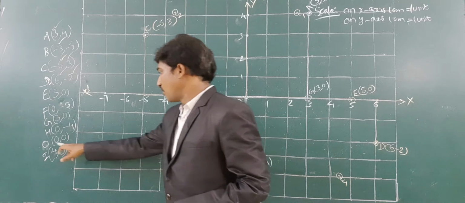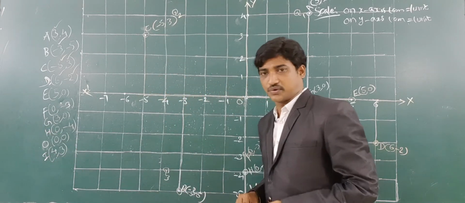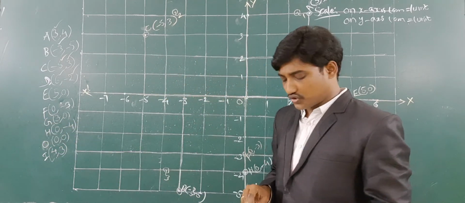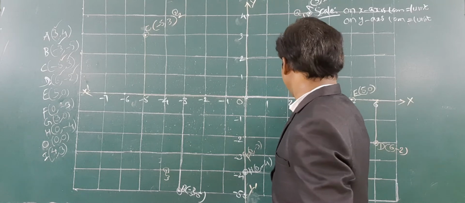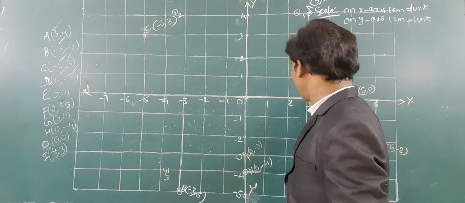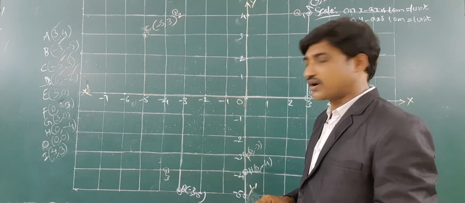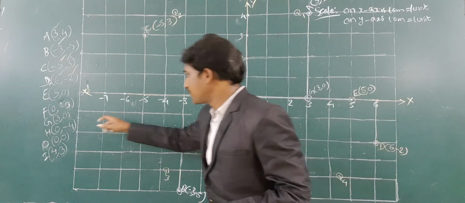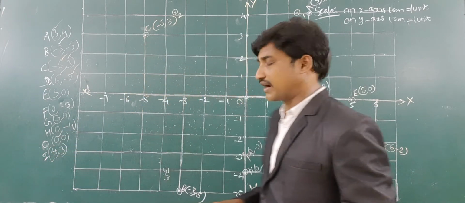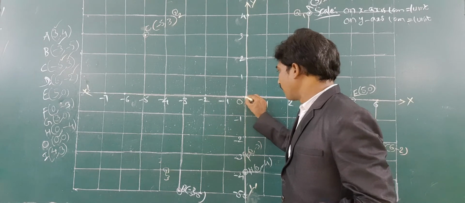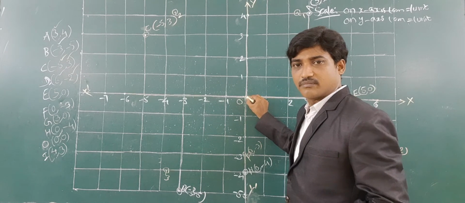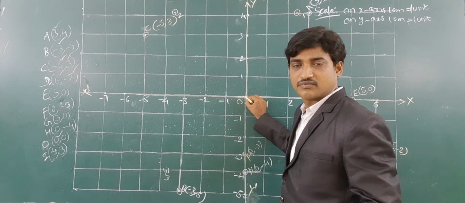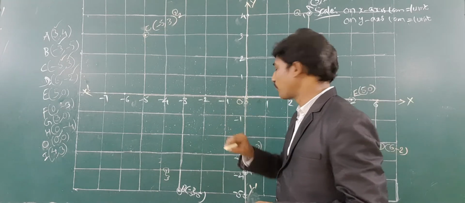Finally, the point O is (0, 0). Here the x coordinate is 0. If the x coordinate is positive, we move along OX. If it is negative, we move along the negative x-axis. As the x coordinate is 0, neither positive nor negative, we should move vertically from this value 0. At O we have the value 0.